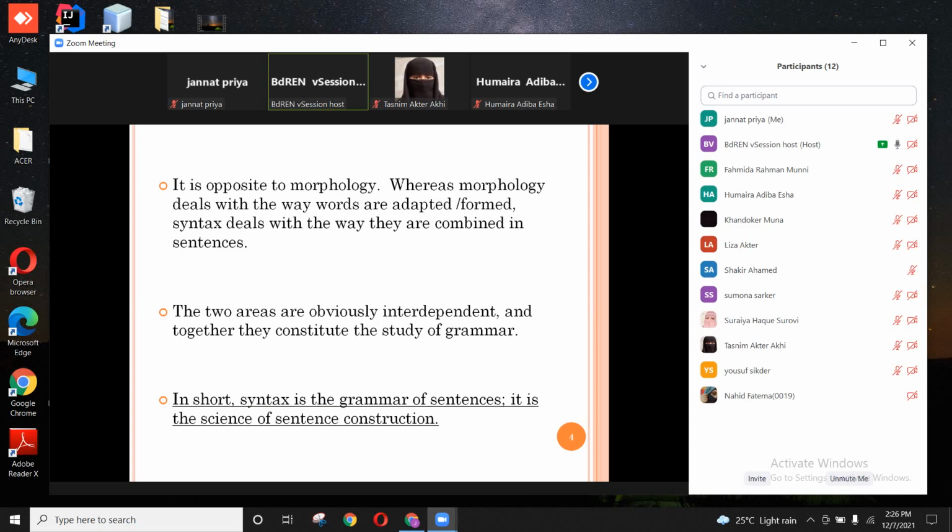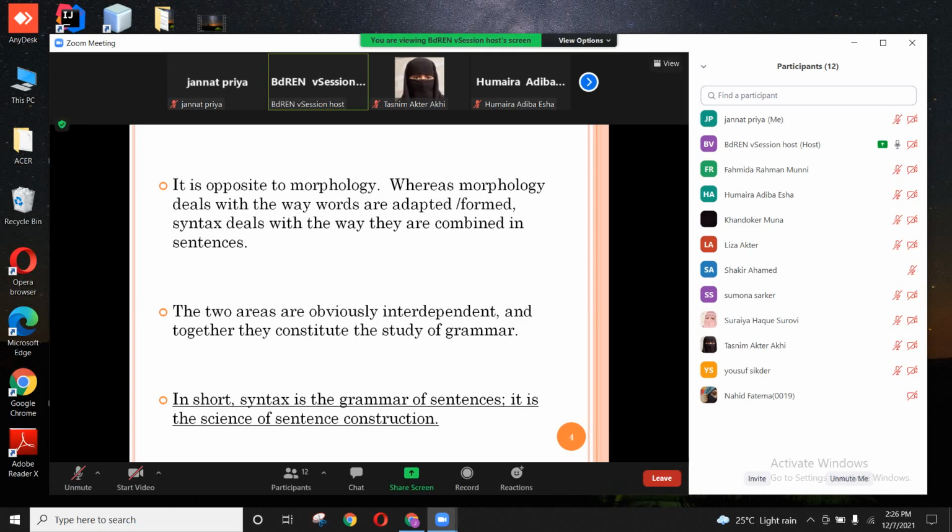You can combine words into phrases, phrases into clauses, and clauses into sentences. How you can formulate each of these units. And syntactic rules will specify the ways you can combine them together in an acceptable way.